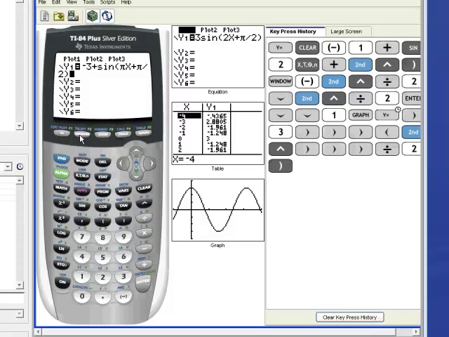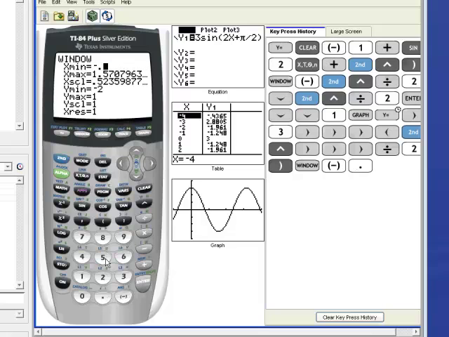And here for the window setting, I would have to look at that. I have a phase shift of -0.5, so -0.5. Then the period is 2, as 2 pi is divided by the factor b of pi, so 2 pi over pi is 2, so add 2 to that.